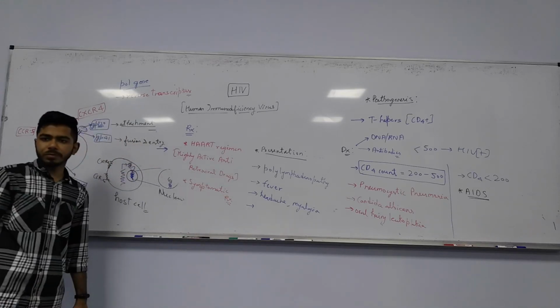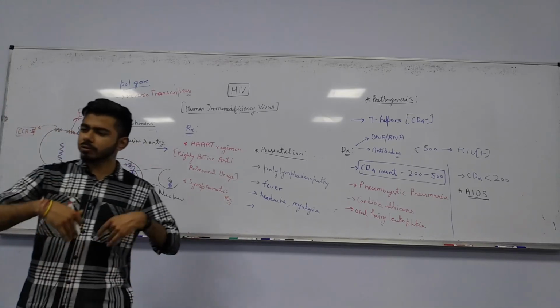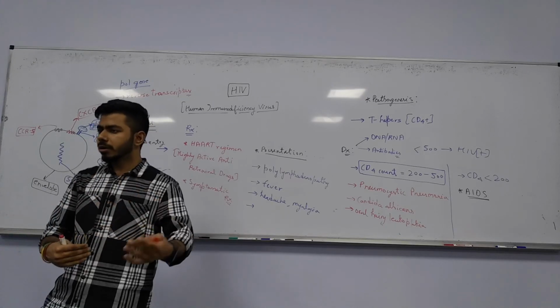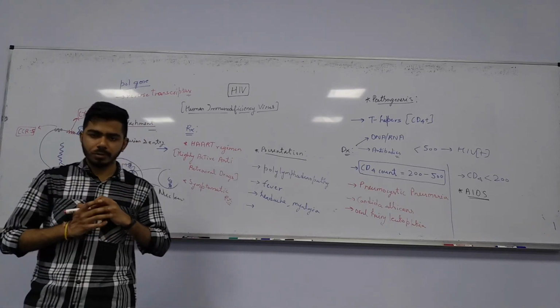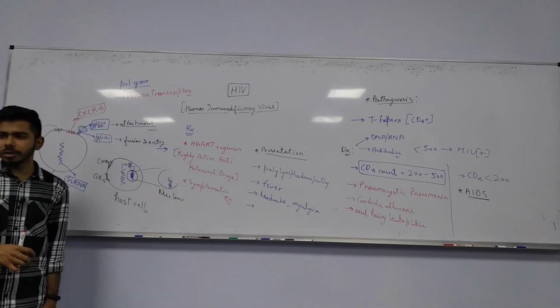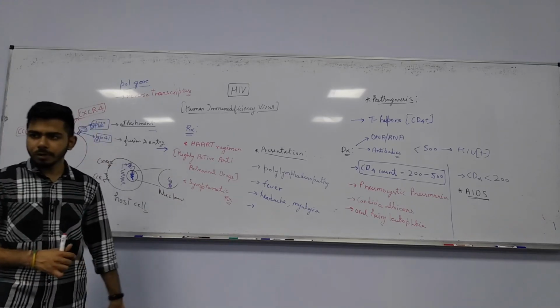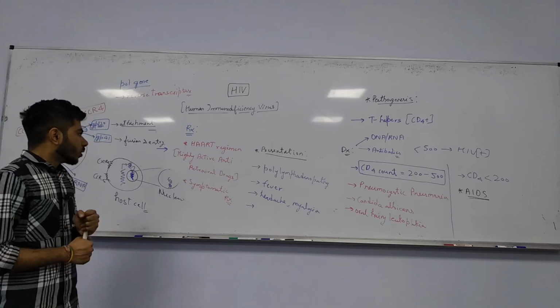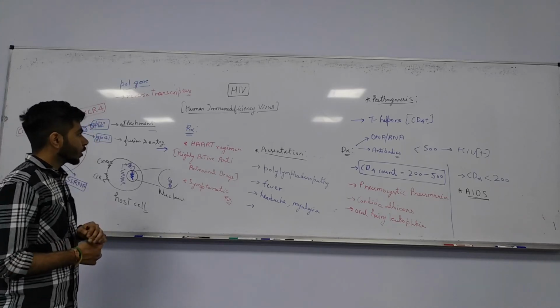Symptomatic treatment means whatever the associated condition is, we need to treat that particular symptom. So highly active antiretroviral drug and symptomatic treatment. So that is about the treatment part.